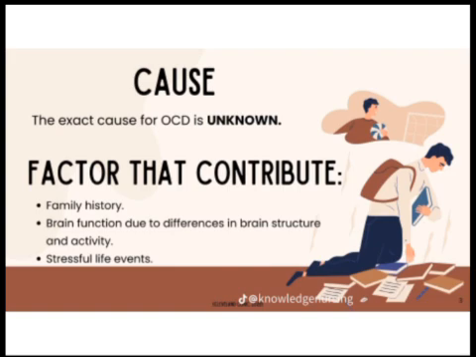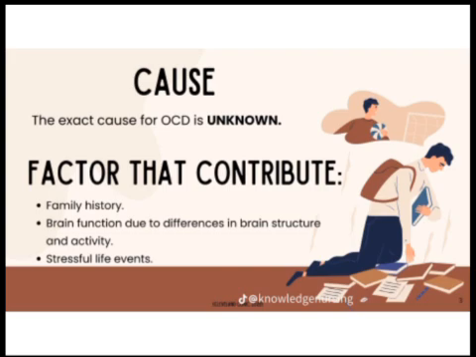The second one is brain function, due to differences in brain structure and activities. We know that our brain has different activities to perform, and it has different hemispheres, the right hemisphere and the left hemisphere, and each part has different functions. Activities like learning, remembering, and even abstract reasoning take place in the brain.